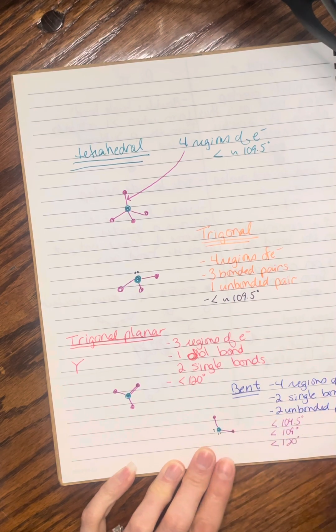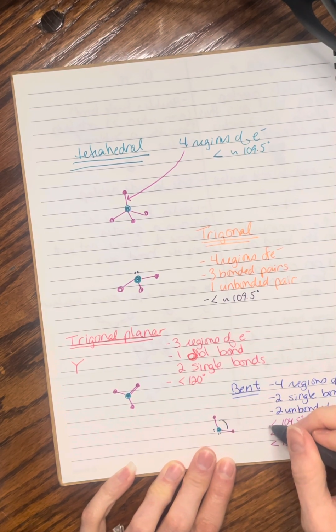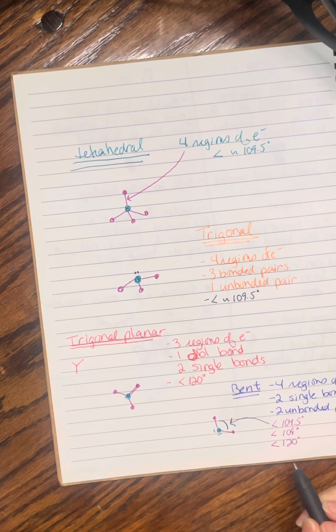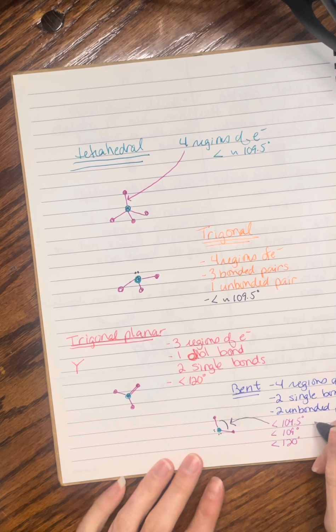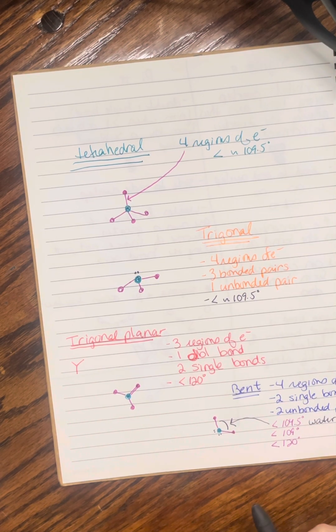And it says this angle right here is the one that they're measuring, okay? So that is the angle that they're measuring. That can be 104.5, 109, or 120. Oh, I'm sorry, it says here 104.5 was water. So this one right here is water. I don't think that's on a test, but if it is.